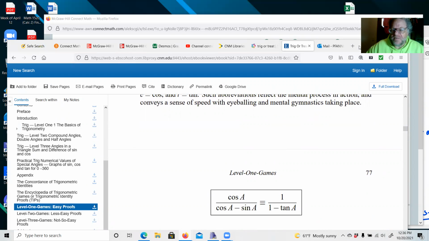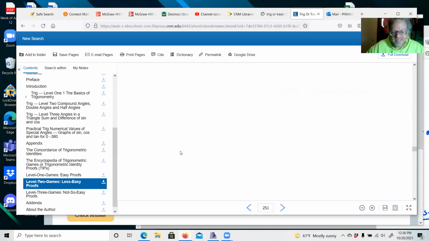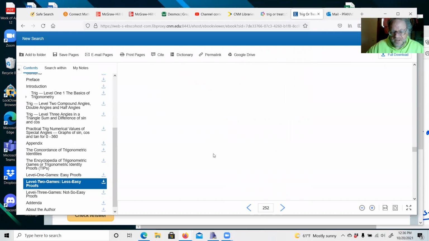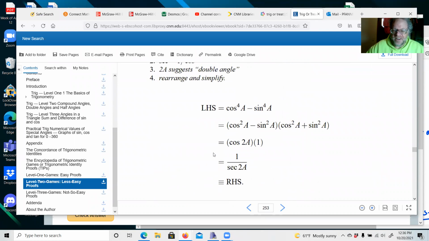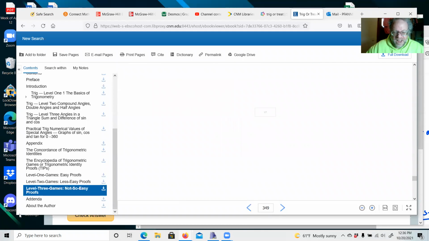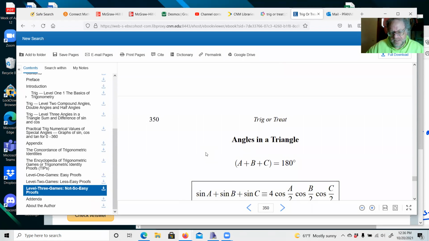The way that they put these in, I think these are all level 1 easy proofs. I think the next ones have the next section in the, yeah, they do. The next section has 5.2, 5.3 in it. And then I will bet that level 3 is a little maniacal. They probably mix and match and do more on these ones.